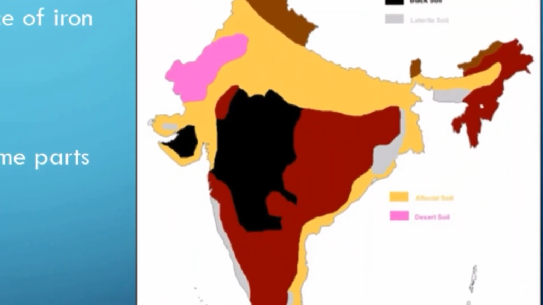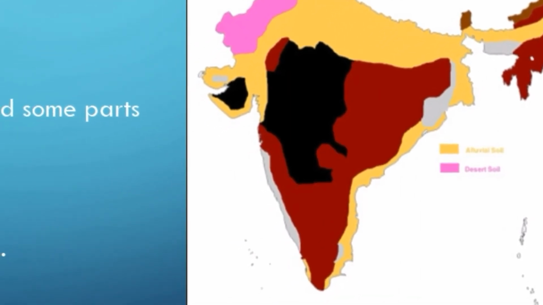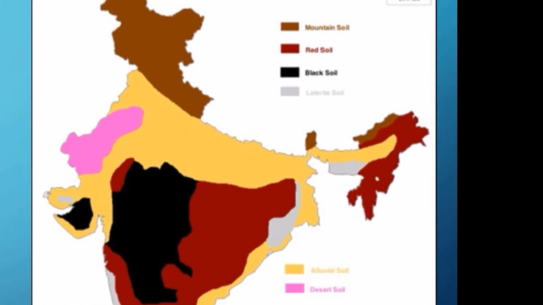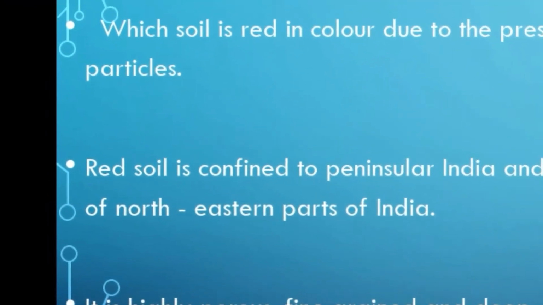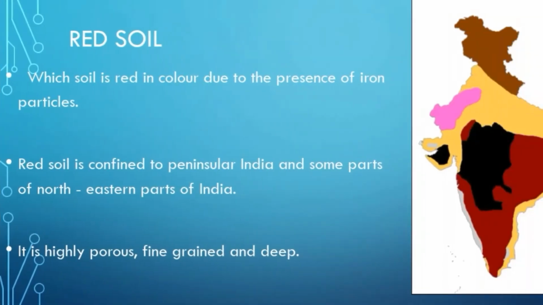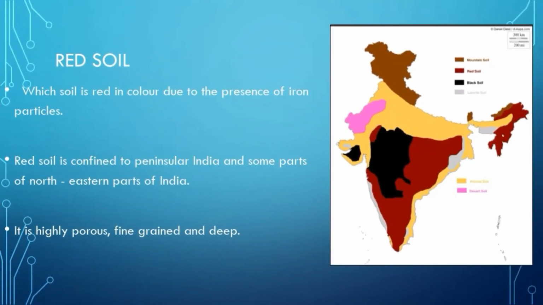Red soil is found in peninsular India and the northeastern part of India. It is highly porous, fine grained and deep.